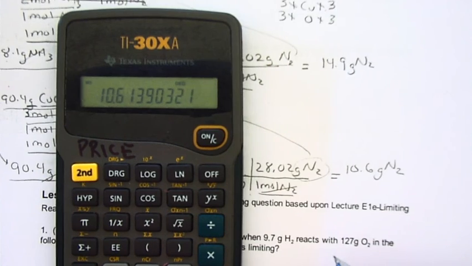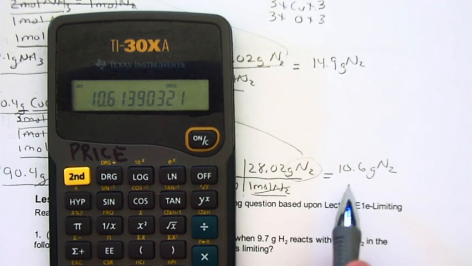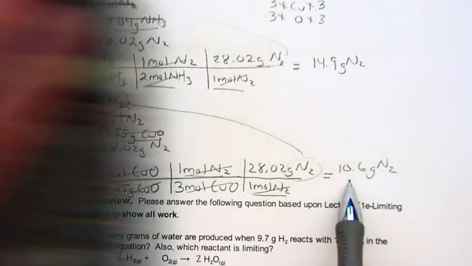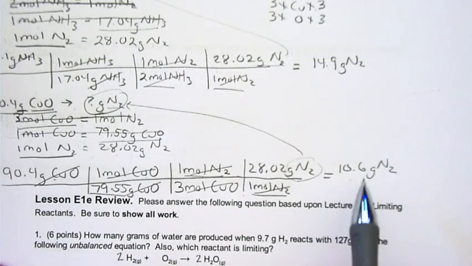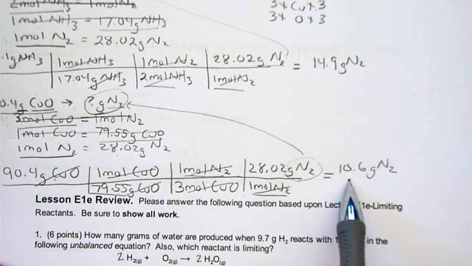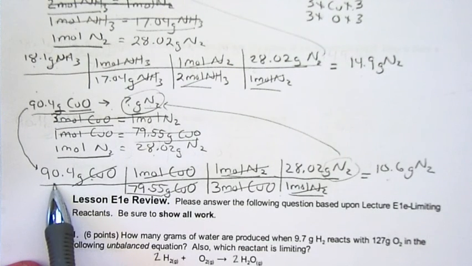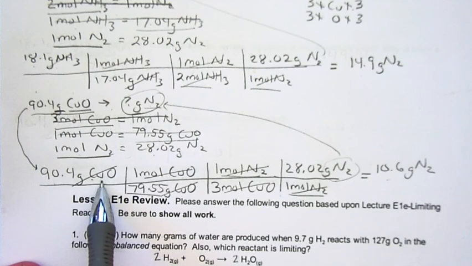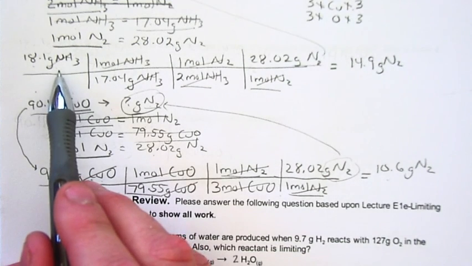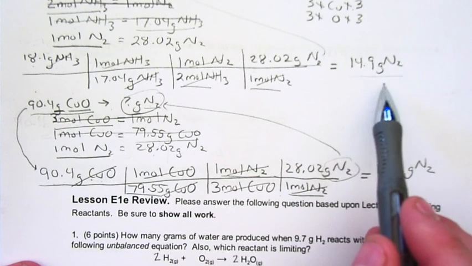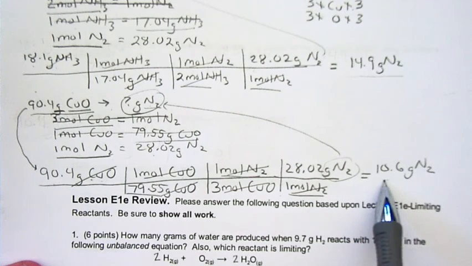Now, in a limiting reactant question, you always choose the smaller of the 2 amounts. What this basically means is that once you get to 10.6 grams of nitrogen, the reaction stops, since you've used up all the 90.4 grams of copper 2 oxide. Even though there's more ammonia, and you theoretically could make as many as 14.9 grams of nitrogen, once you get to 10.6, the reaction stops.